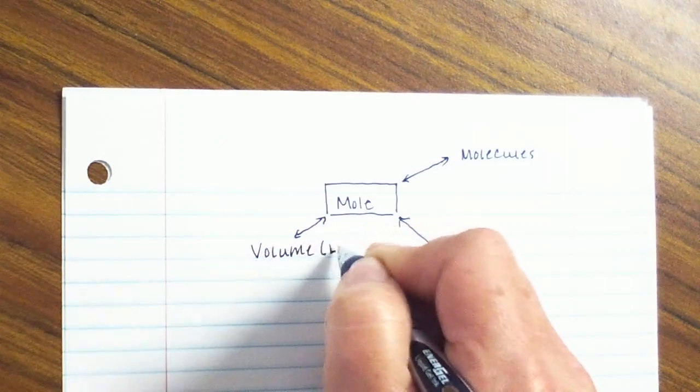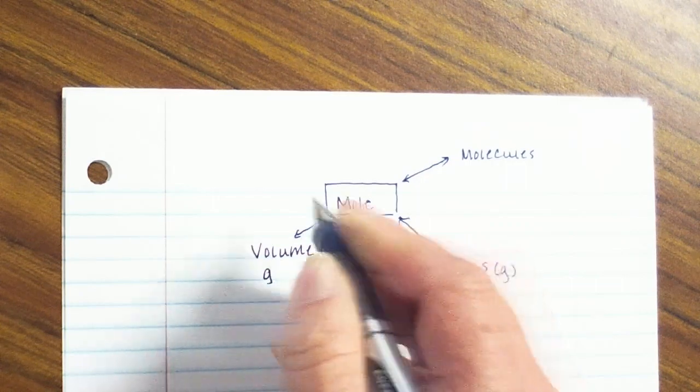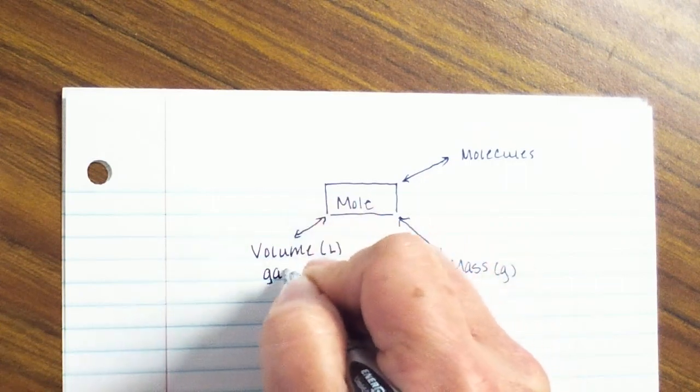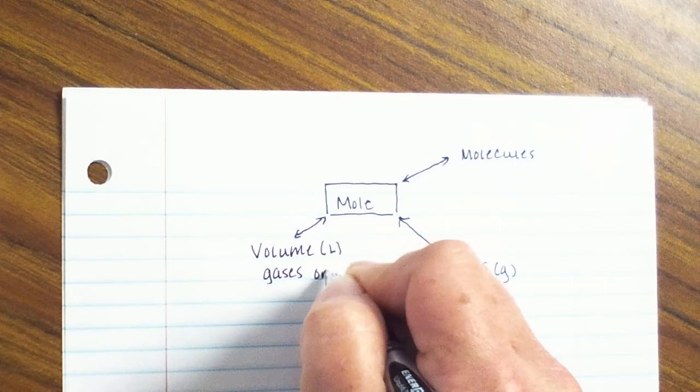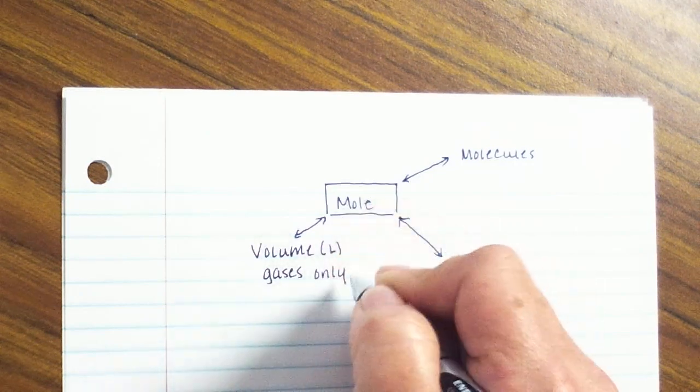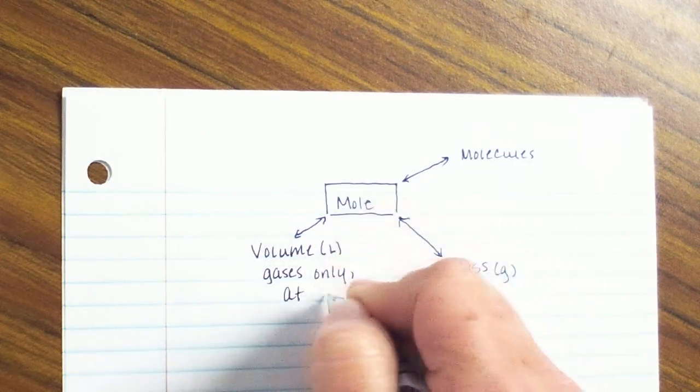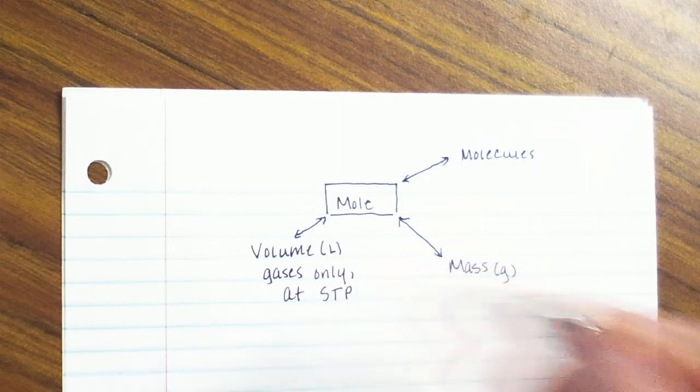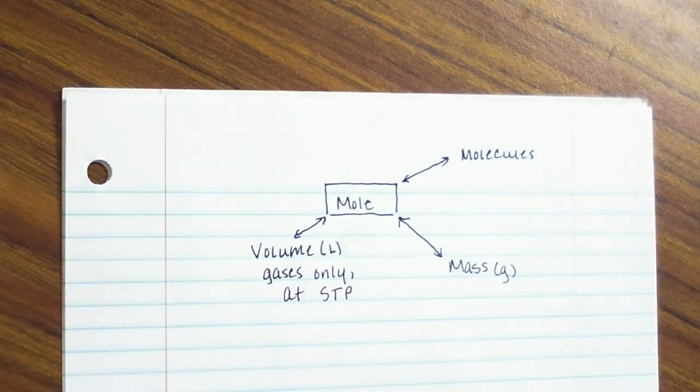And the volume is in liters, and it's for gases only at STP, which of course you know what STP is because we've been over it and it will be on the test.